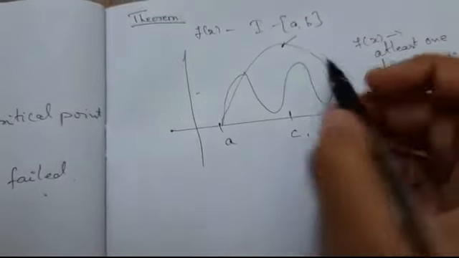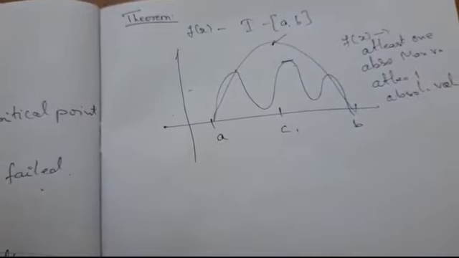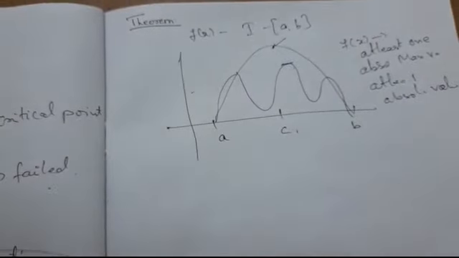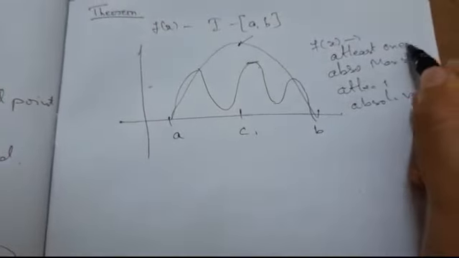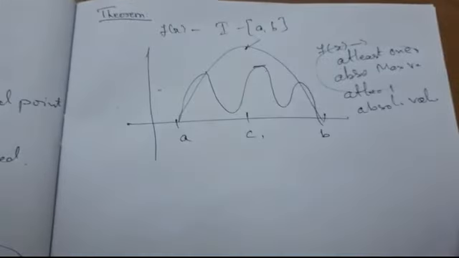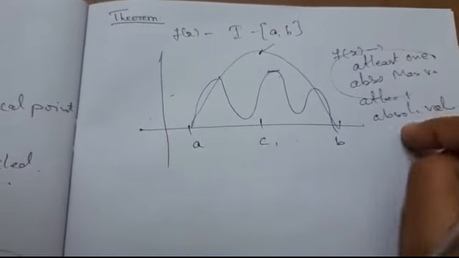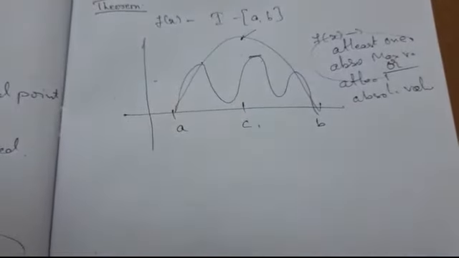Out of these 3, obviously one value is an absolute maximum value. So this is the theorem they state without proof. The idea is within the given interval the function will have at least one absolute maximum value and at least one absolute minimum value.